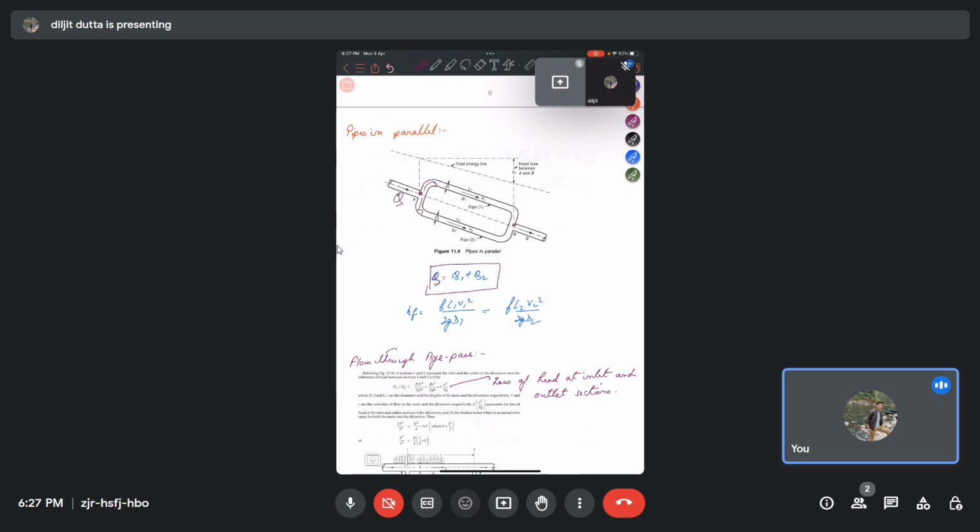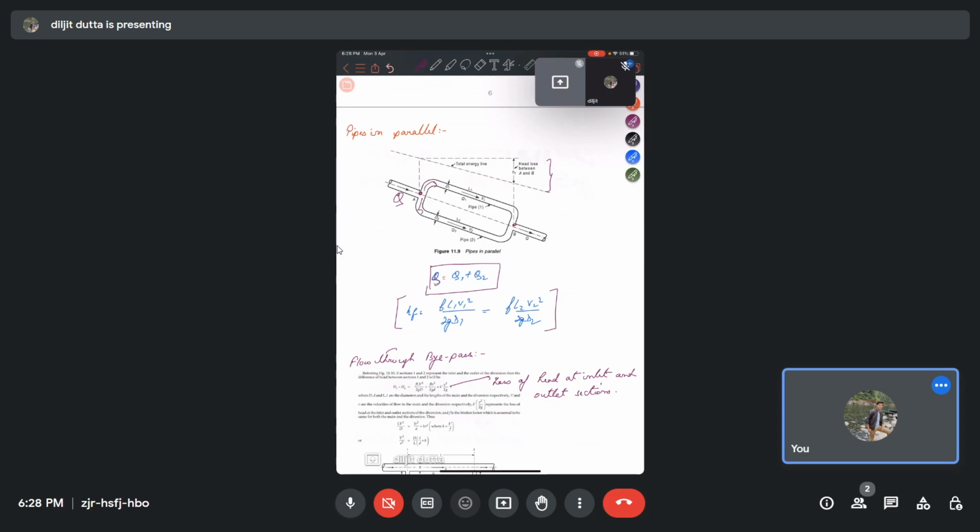However we connect the pipes between the end point and the starting point, it doesn't matter, the head loss will be the same, since the head loss is the change in the total energy line. So the change depends only on the starting point and the end point. So hf equals f L1 v1 square by 2g d1, equal to f L2 v2 square by 2g d2.